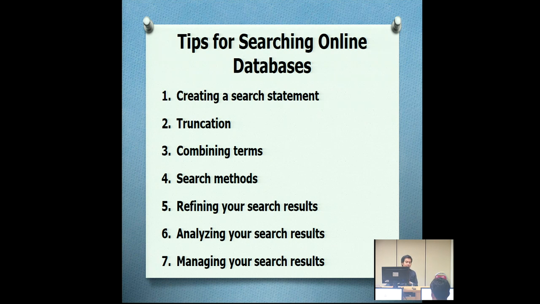We call this combining terms. And the fourth step, you have to select the search method. How do I know when to use the basic search and when to use the advanced search? We call this selecting the search method.